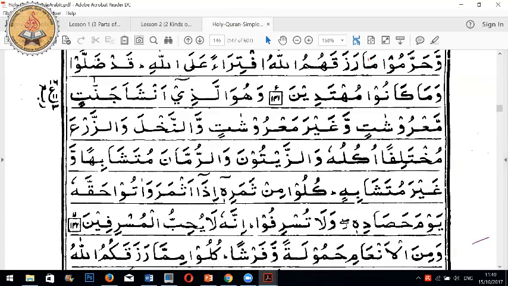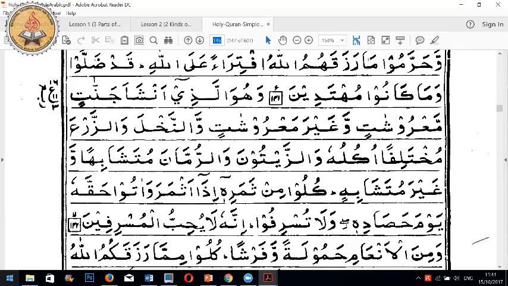If I say this is 600 pages, the Quran, most of the Quran, more or less, not less, not more, but around 600.